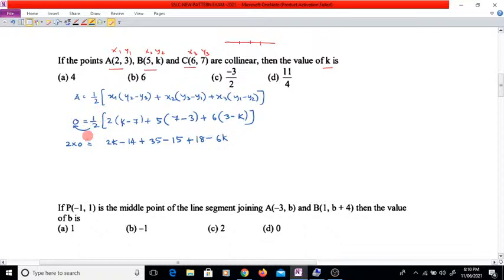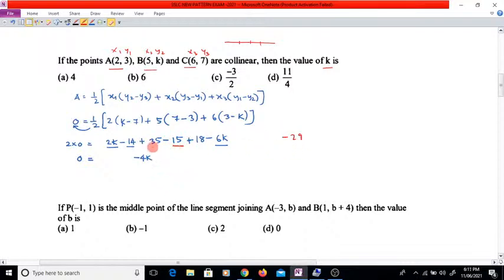Now as we can see, 2 into 0 is 0. This is 2k and this is minus 6k. So we will be left with minus 4k. This is minus 14. Here is minus 15, that is minus 29.